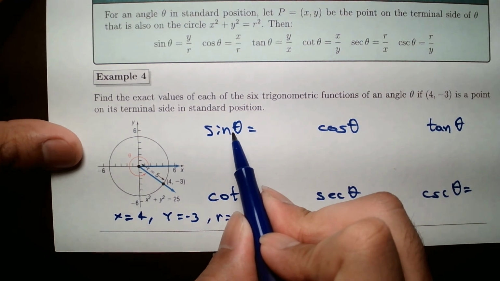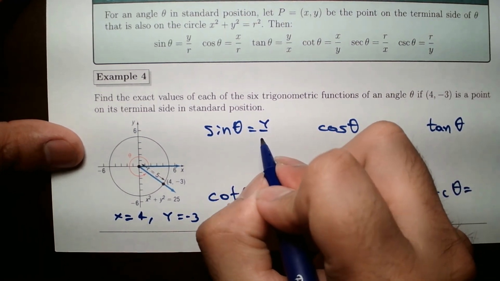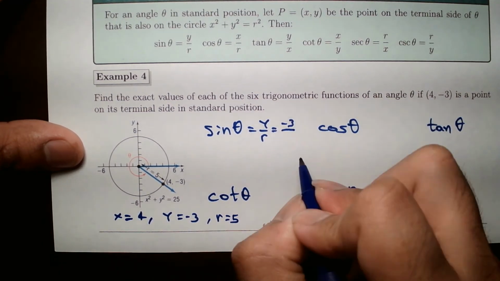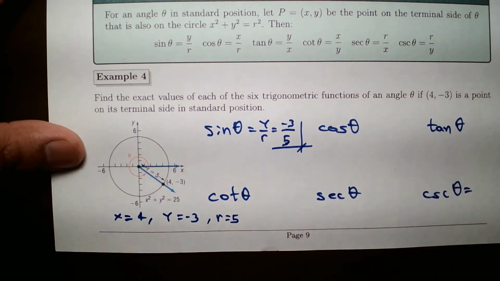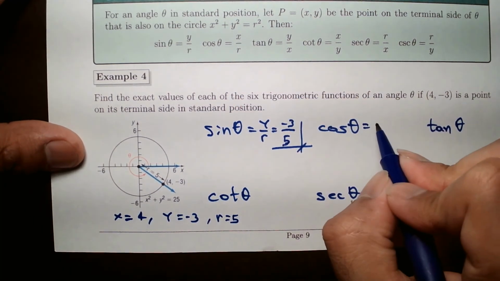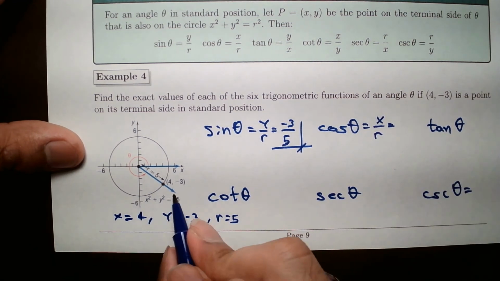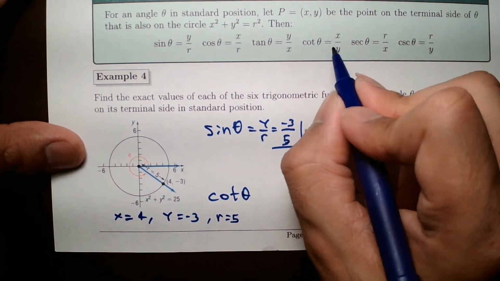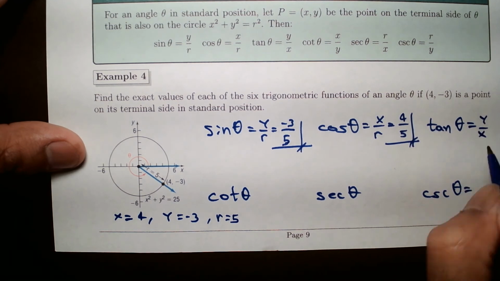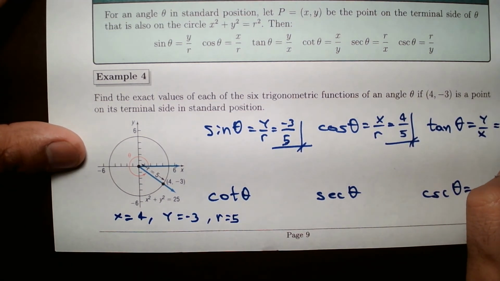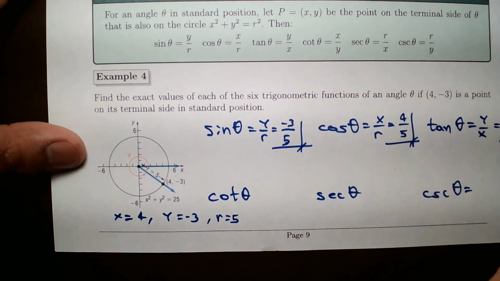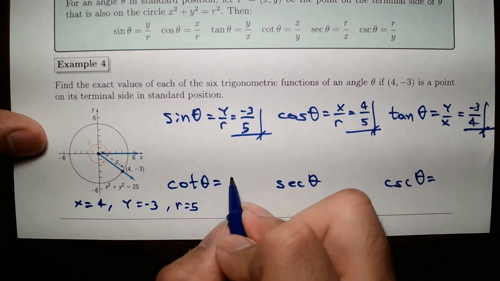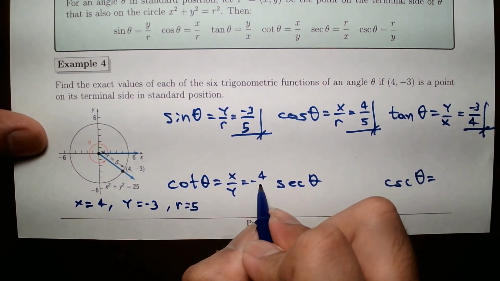All right, so using the formulas, sine equals y over r, that's -3 over 5. That's all we do. No need to simplify anything further. Cosine, which is x over r. The x is 4 and r is 5. Boom, we're done. Tangent is y over x, which is -3 over 4. We're done with this one. And cotangent of theta, that's the reciprocal, x over y, which is -4 over 3.